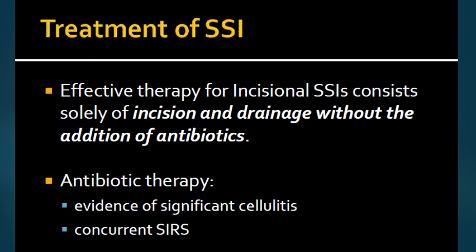So, effective therapy for incisional surgical site infection consists of incision and drainage without the addition of antibiotic. This is for the condition of the superficial one. And antibiotic will be used in case of cellulitis and concurrent SIRS.